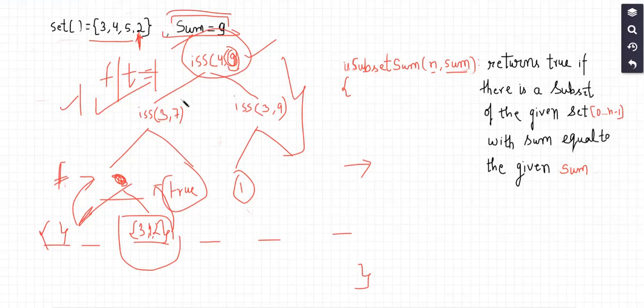We have two choices, either take it or do not take it. Otherwise, if the integer that we are standing upon is greater than the target sum, then there is only one choice, that is just skip that integer and move left, because an integer greater than the target sum cannot be used to generate the target. Let me show you the body of this function.